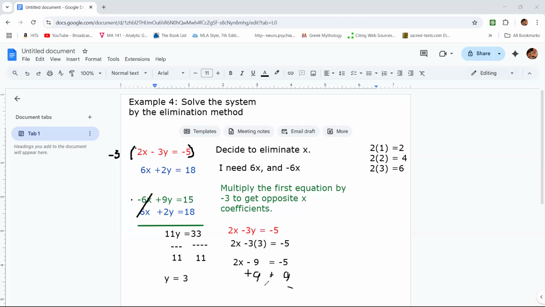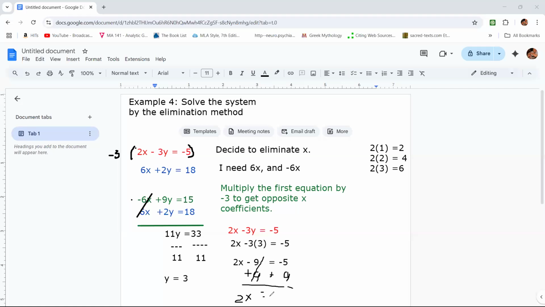So this becomes 2x is equal to -5 plus 9. 9 is larger, so the answer is positive. The difference is 4.